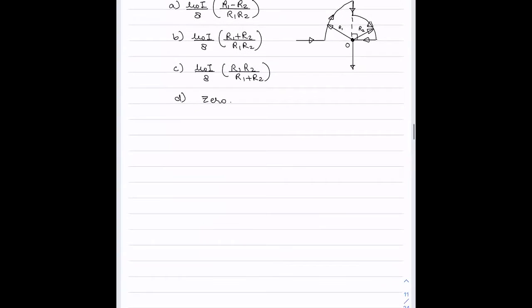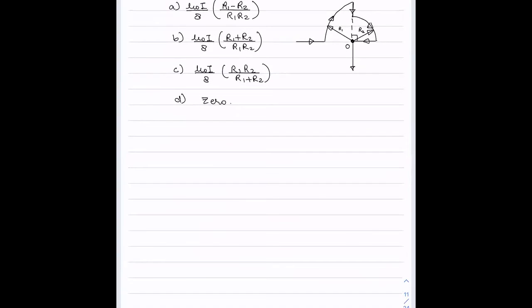Then for the sixth question, in the loop shown, the loop is like this: 1, 2, 3, 4, 5, and 6. Now, due to all these 4 wires, the net magnetic field at the center is 0.